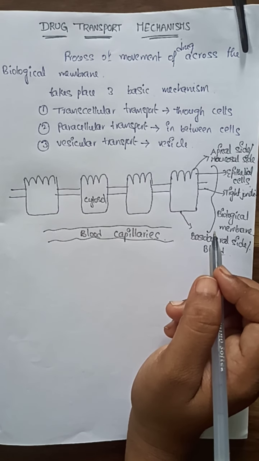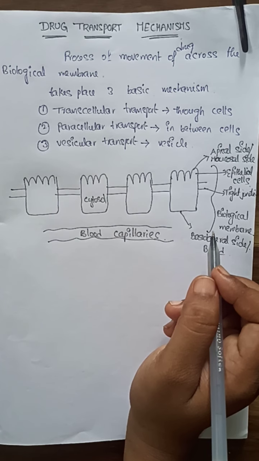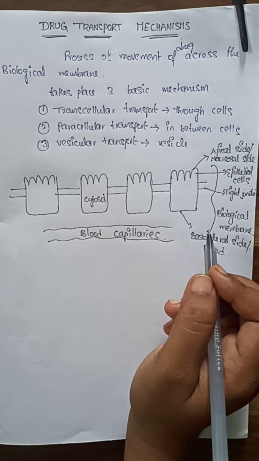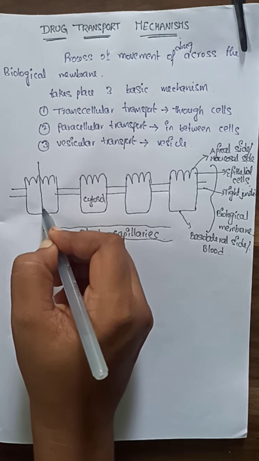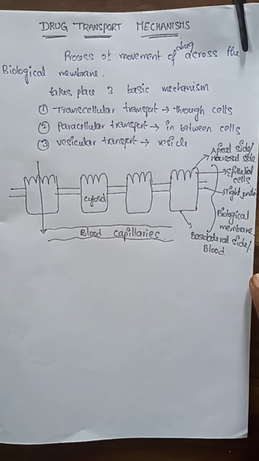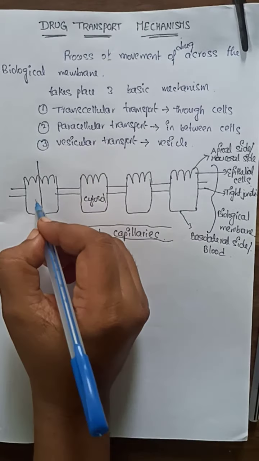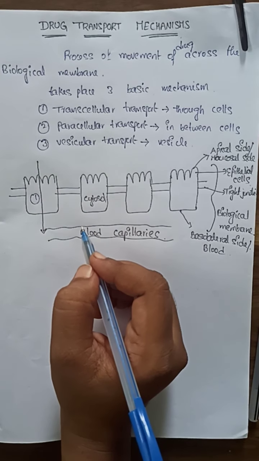Here, the first one is transcellular transport: the passage of the drug across the cells, that means through the cells.